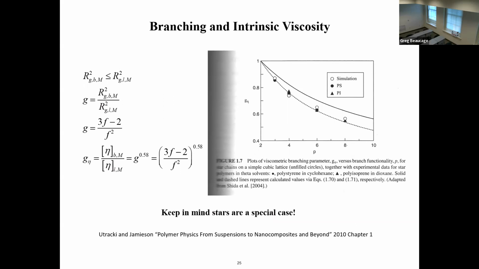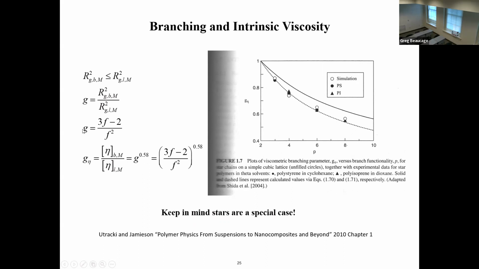So anyway, when people talk about branching and how to describe branching in fluid flow, they go to this G factor, which is originally the ratio of the radius of gyration squared of the branched polymer versus the linear one. The linear is bigger than the branched, so this G factor is less than 1, right? People have theoretically described G in terms of F, the number of arms, or number of branches.